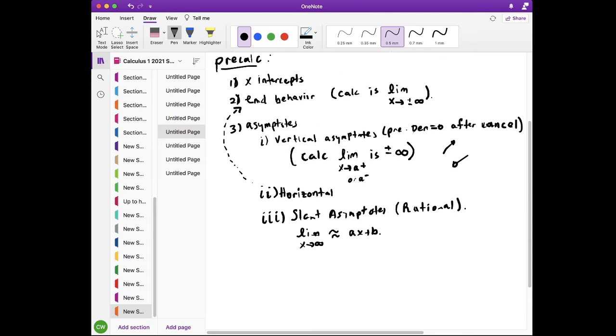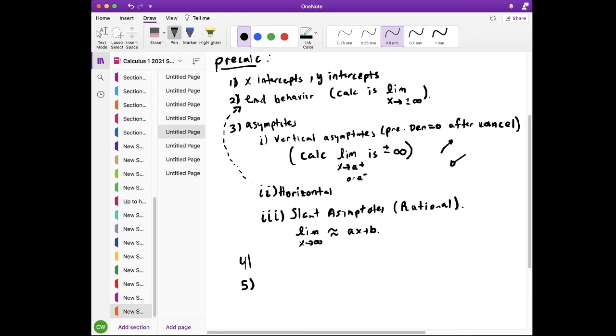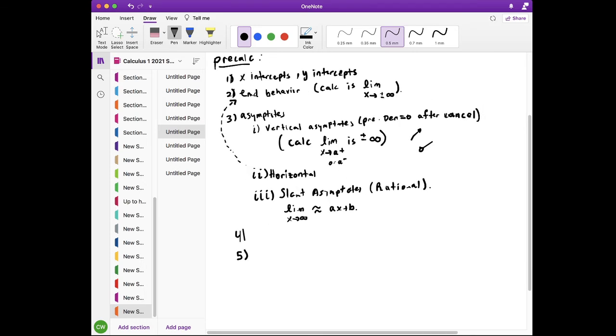Okay, I'll just add y-intercepts here since no one said it. All right. And I might add, what are some other things? Do you remember from pre-calc? Domain is helpful, right? You want to know where the function exists.